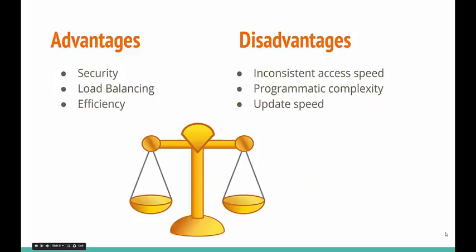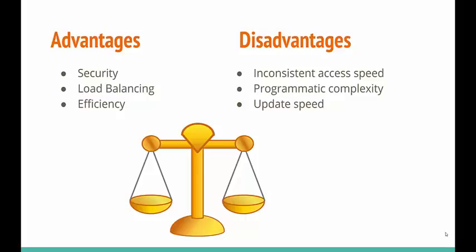So, advantages and disadvantages of partitioning. Advantages include security and the ability to make even a simple table more secure by separating access rights for different rows. Load balancing, by spreading a table, for example, across multiple systems, you can improve how data is distributed within a large database. And efficiency.